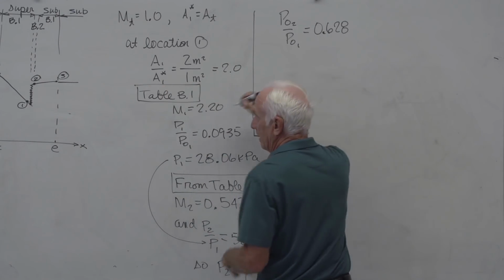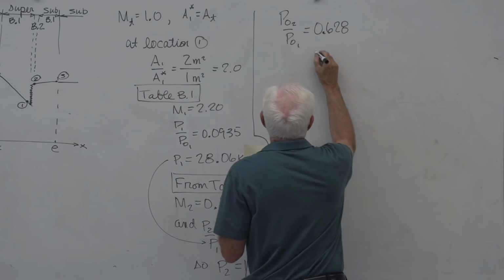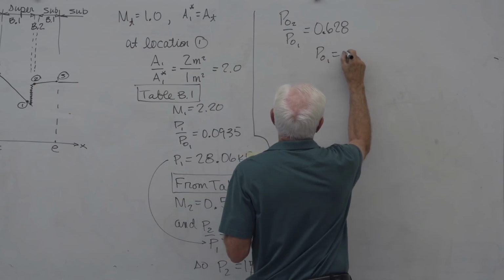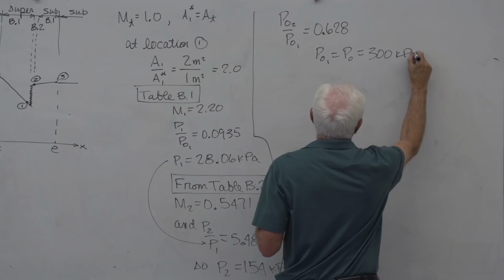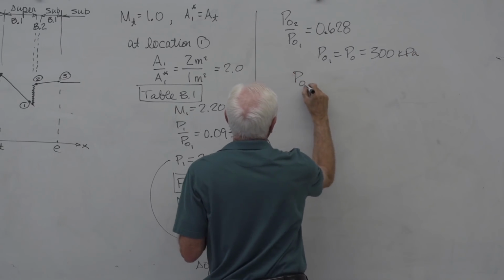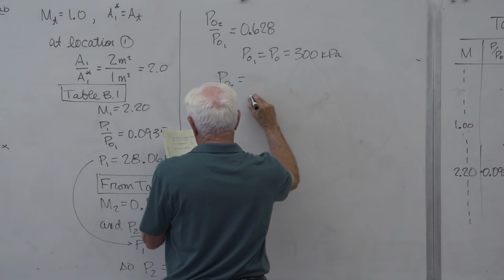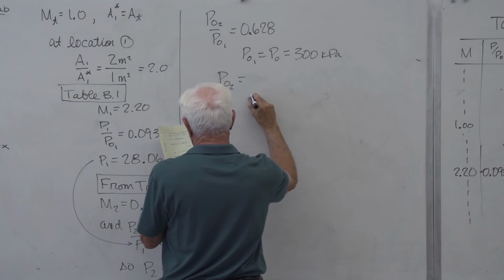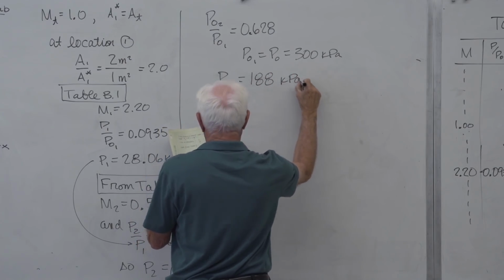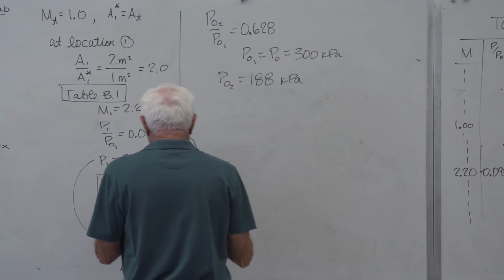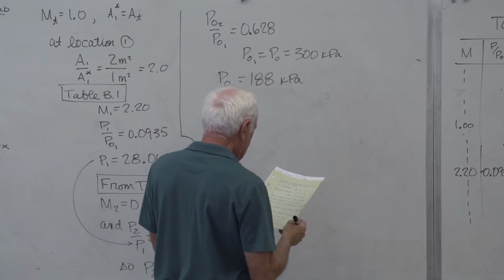Okay, I know P naught 1 equal P naught, 300. So P naught 2 is equal to 188 kPa. Okay, so I've got that.